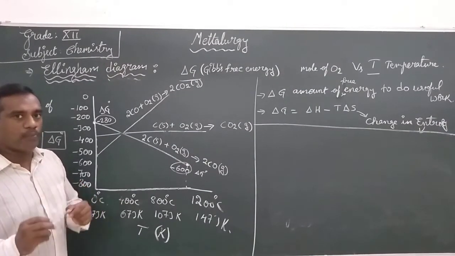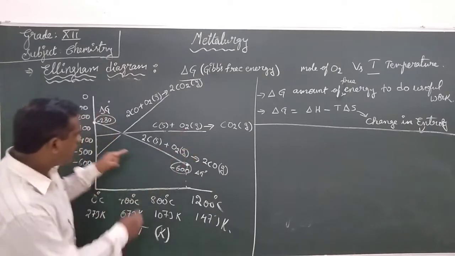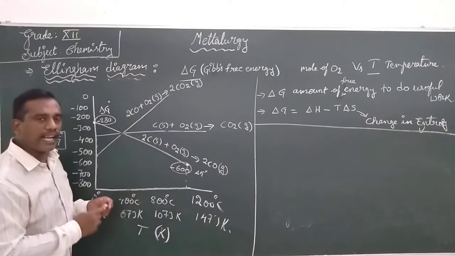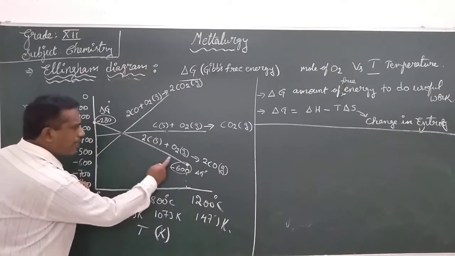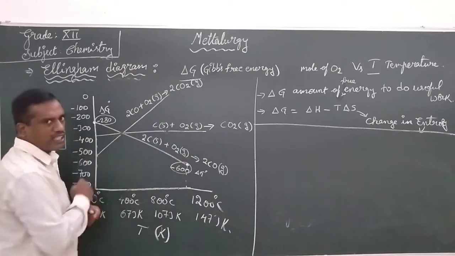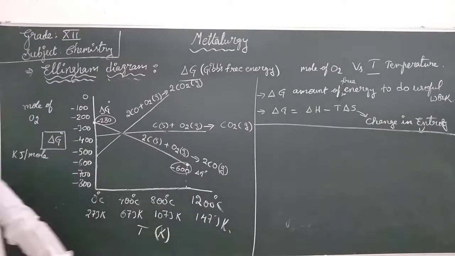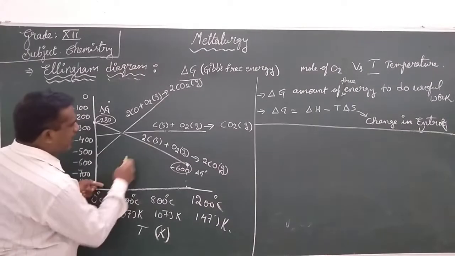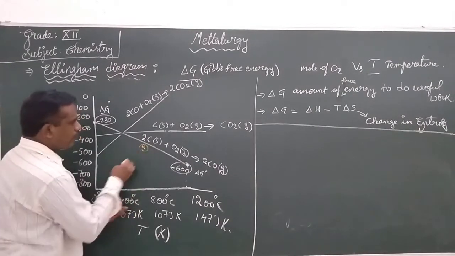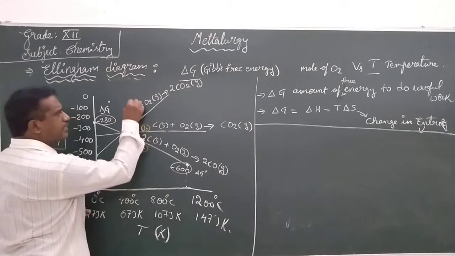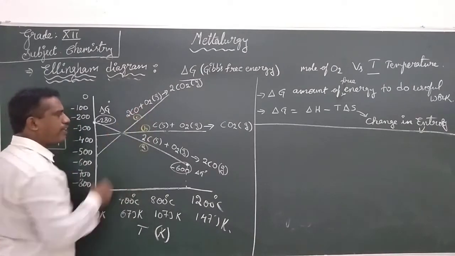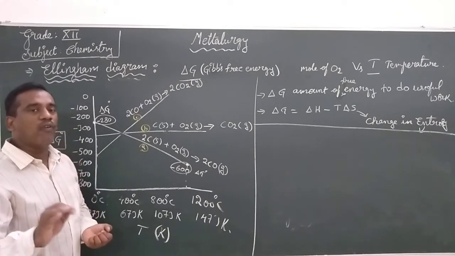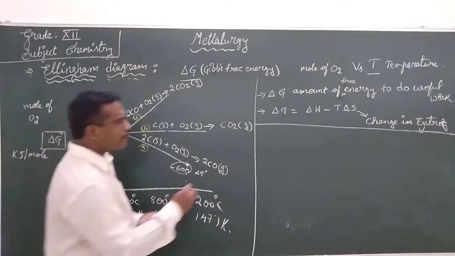So let us observe the reaction. There are 3 lines for you. One line is going down, one above, and one horizontal. The line that is going down, I am labeling as A. This line I am labeling as B, and the above line I am labeling as C. For the 3 lines, I want to give a clear explanation.